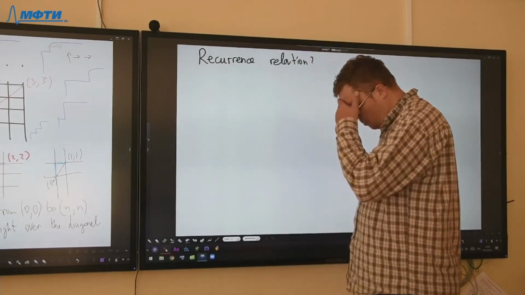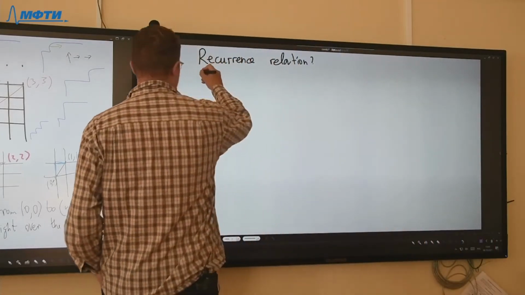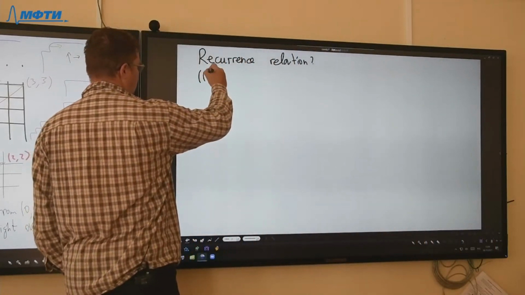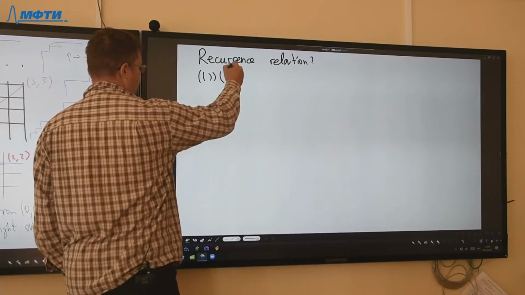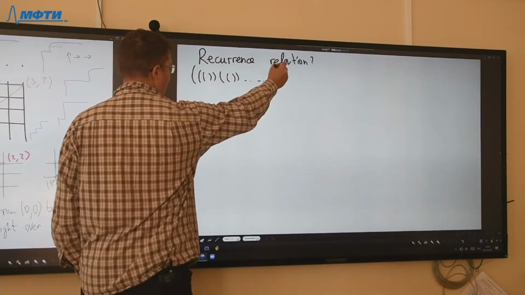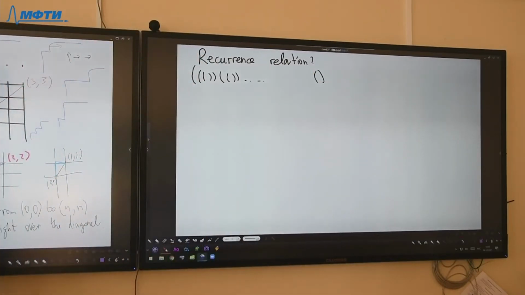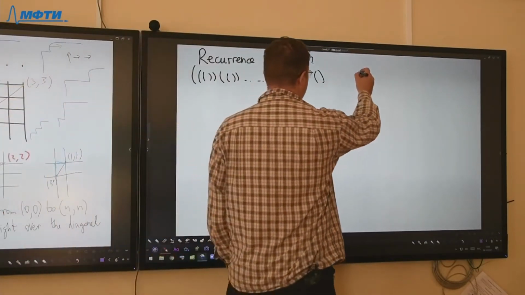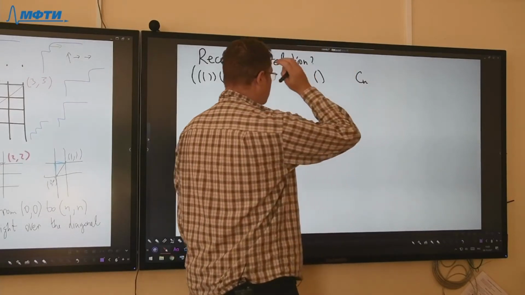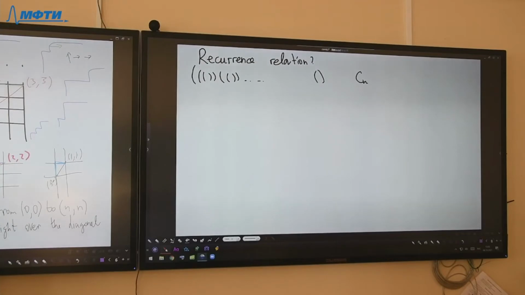Okay, how do we get the recurrence relation? Let's look at our sequences of brackets. This is Dn. We can see that this is a repetitive structure.